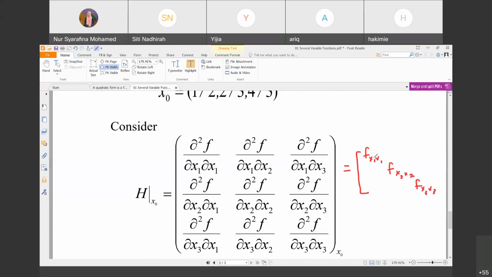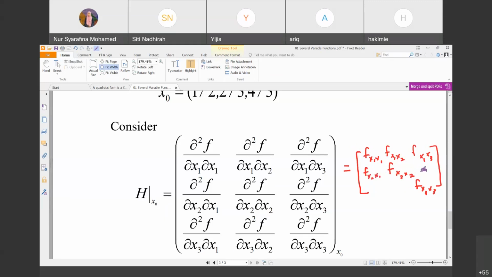So you differentiate f with respect to x1 with respect to x1. This one is fx1x2, fx1x3, depending on your given function.